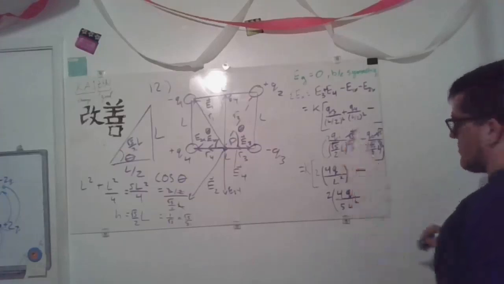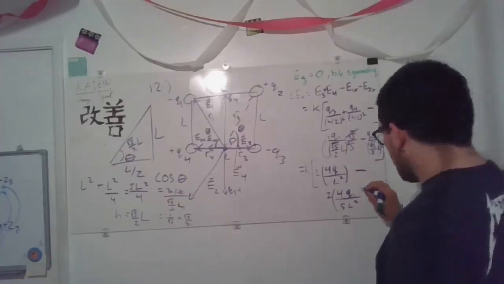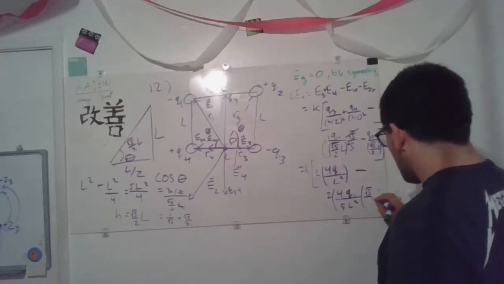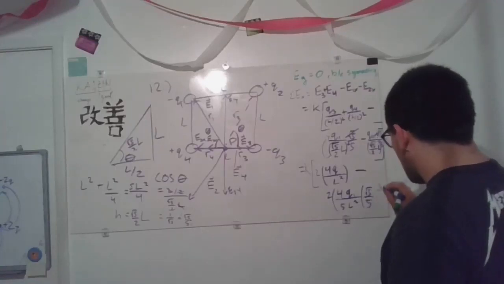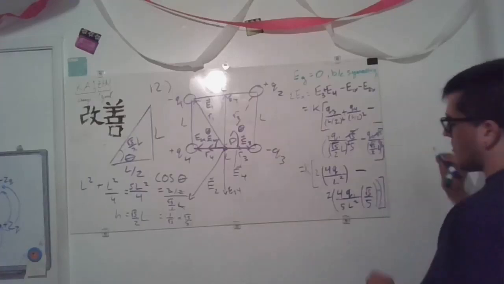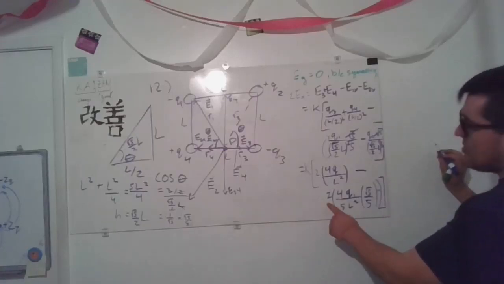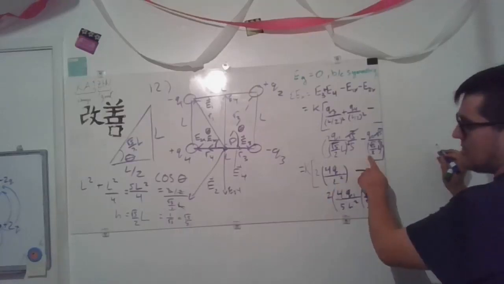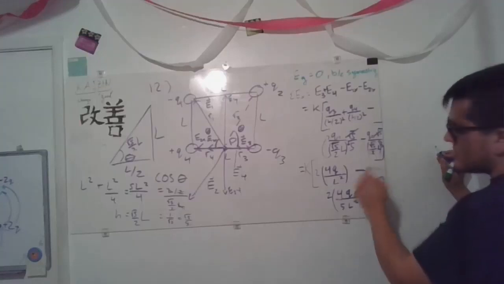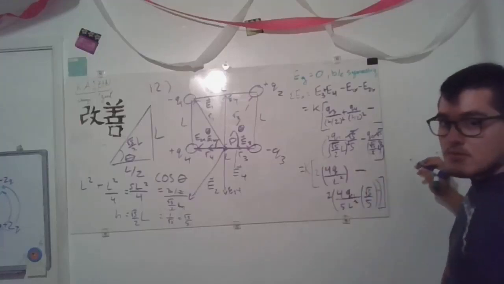And then this rad 5 over 5 stays the same. Okay, I haven't multiplied by 2 here because these two have the same denominator and the same cosine. So you can just multiply those by 2, right?